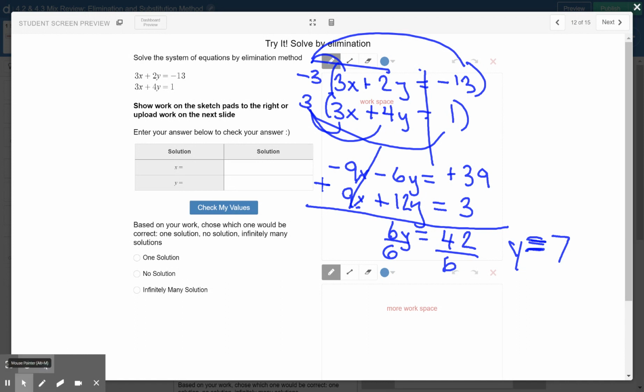Let's confirm. And then all you need to do is plug that back in. I'm going to choose the second equation this time. Does not matter. I just wanted to be a little different than usual. Now remember, 4 times 7 is going to be 28. So then you're going to minus 28 on both sides.